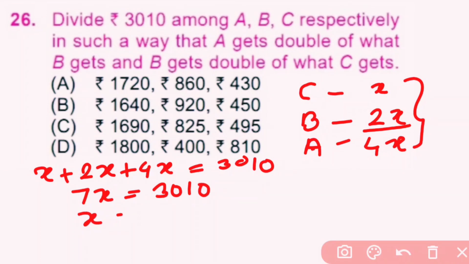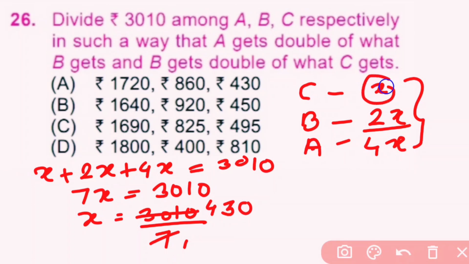Here X plus 2X is 3X plus 4X is 7X. 7X is equal to 3010. X is equal to 3010 divided by 7. 7 ones are 7, 7 fours are 28, 2 remaining, 7 threes are 21 and 1. X is equal to 430. Now here C is X, means C gets 430 rupees.